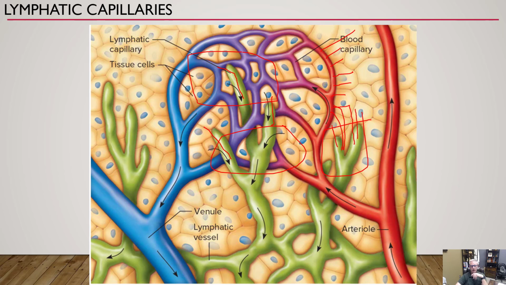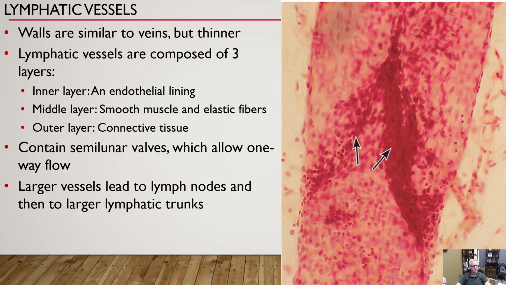We'll talk about how that happens later on. Remember that these lymphatic capillaries are closed-ended, narrow, thin-walled tubules, and lymph flows from the lymphatic capillaries and eventually goes back into the circulatory system.